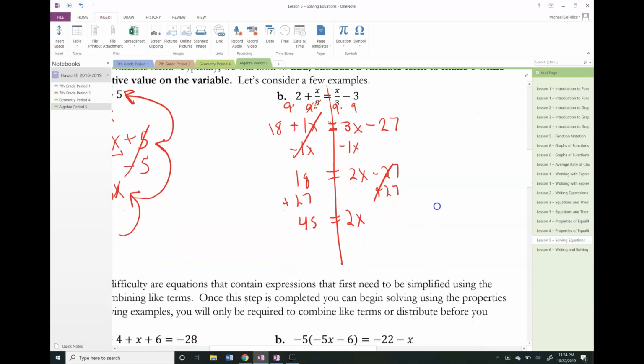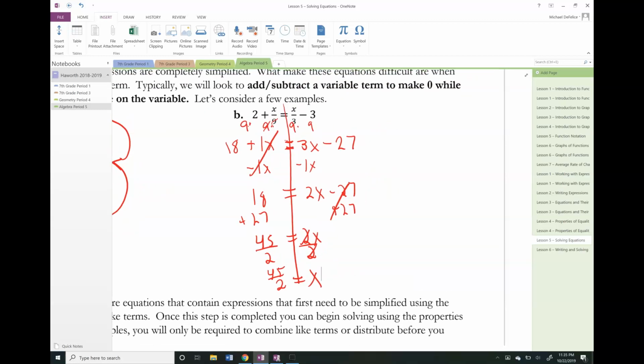And I see that 2 doesn't go into 45 evenly, so my answer is going to be a decimal. I'm going to use the division property of equality, and that tells me that x has to be 45 over 2. And as a decimal, I can write that as 22.5.